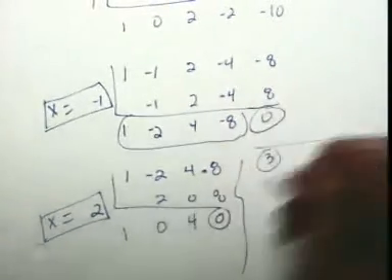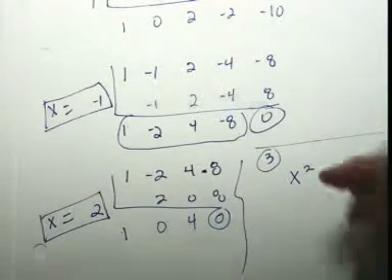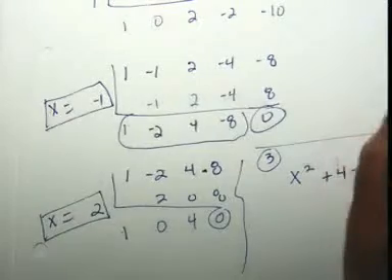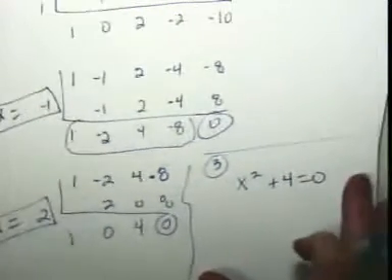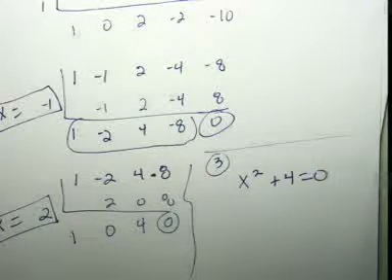My reduced equation then goes x squared, if there's 0 on the x, plus 4. X squared, 0 x's, plus 4.